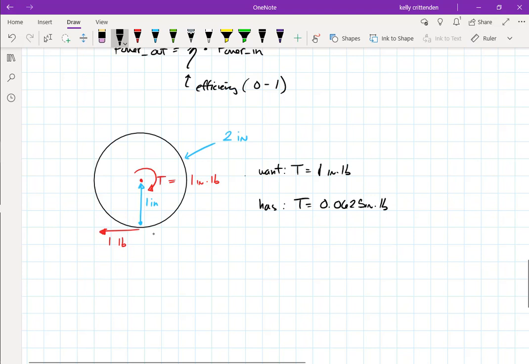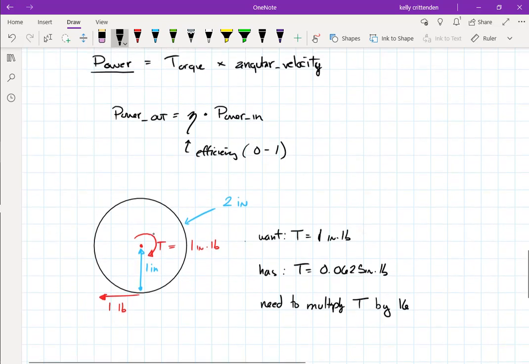So 1 divided by 0.0625 is 16. I need to multiply torque by 16 to get from 0.0625 up to 1 inch-pound.